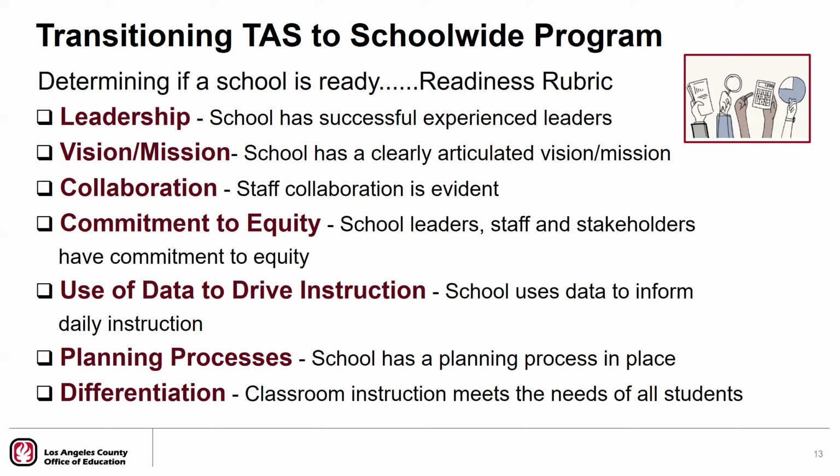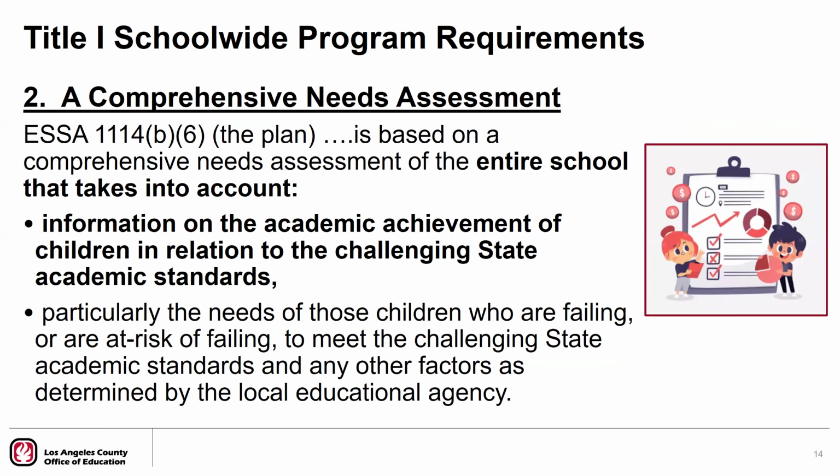So completing the readiness rubric with the school will guide the district in providing any additional support to the school as this year-long process begins. The second requirement is a comprehensive needs assessment. Once the district determines that the school is ready, the school will begin the process of the comprehensive needs assessment.